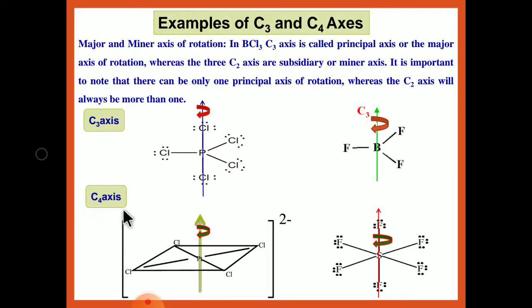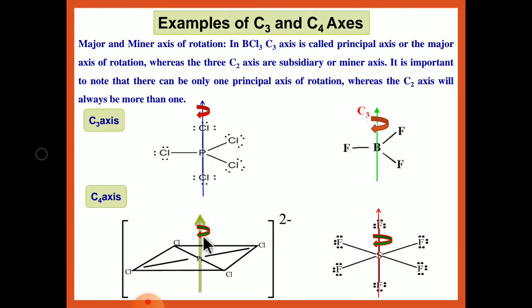Next is the example of the C4 axis. So this is the complex PtCl4 2-. In this example, the principal axis is passing through the platinum atom, which lies at the center, and there are four chlorine atoms attached to this platinum atom, and these four chlorine atoms lie on the same plane.